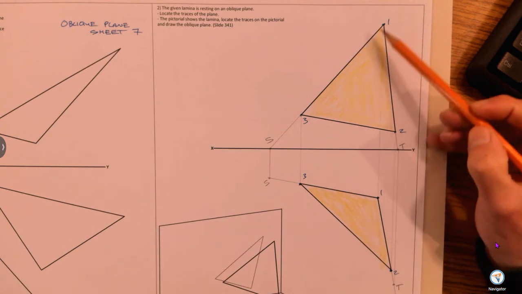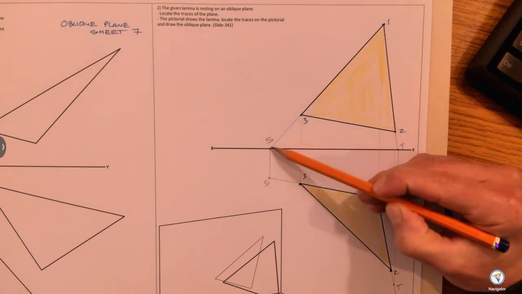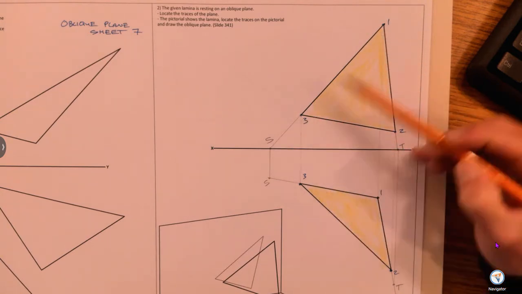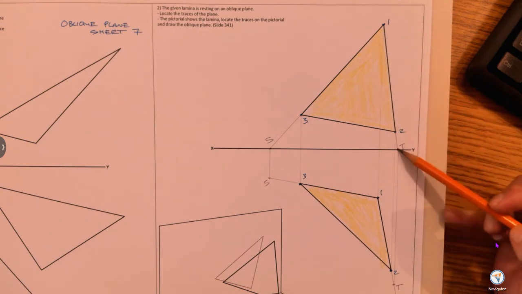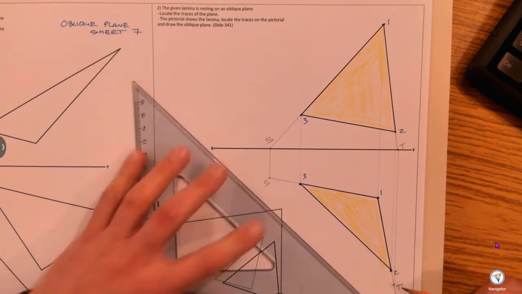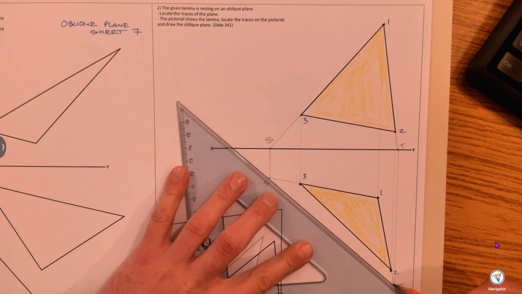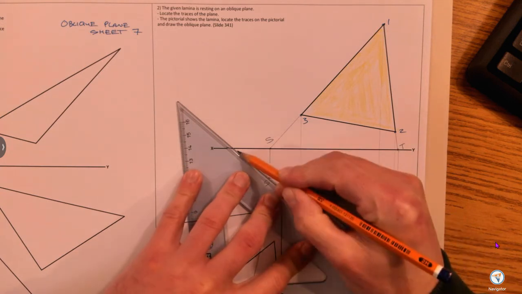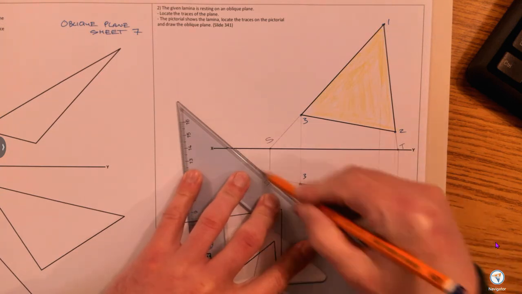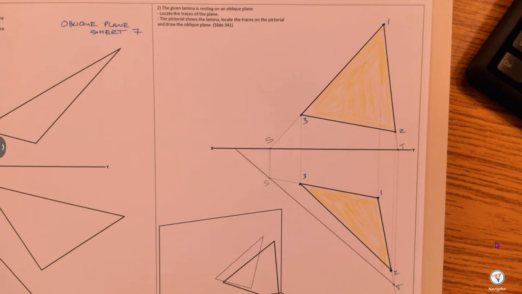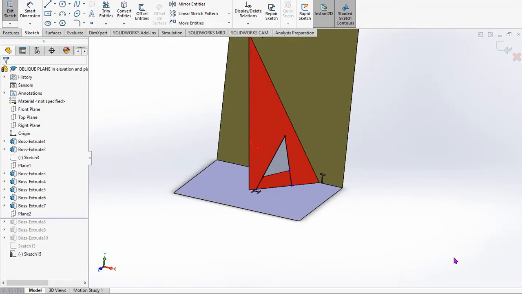Now you'll notice when I extend it out, S is on the ground. T is on the ground. And if those 2 points are on the ground, it means they make up the horizontal trace. So when I draw it in there, when I join those two together, that is the horizontal trace. So I've extended those 2 lines on to hit the ground.